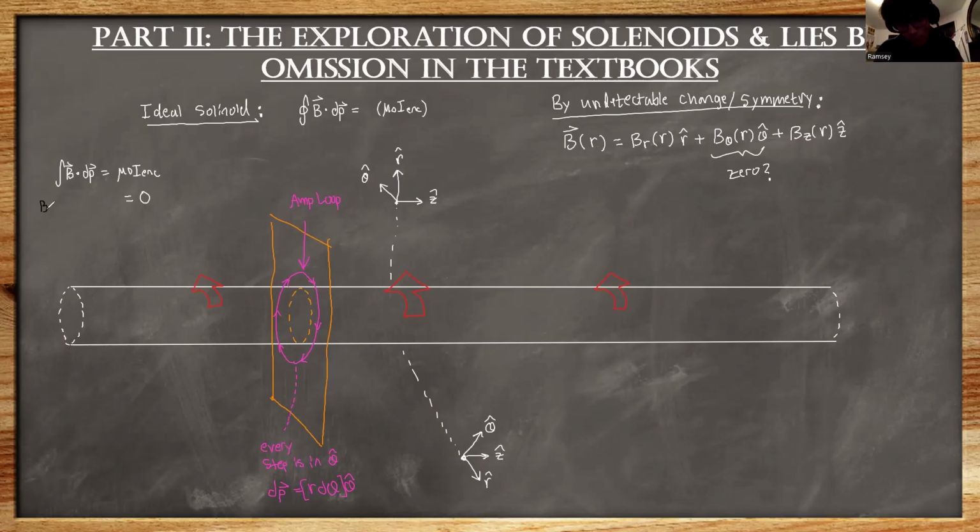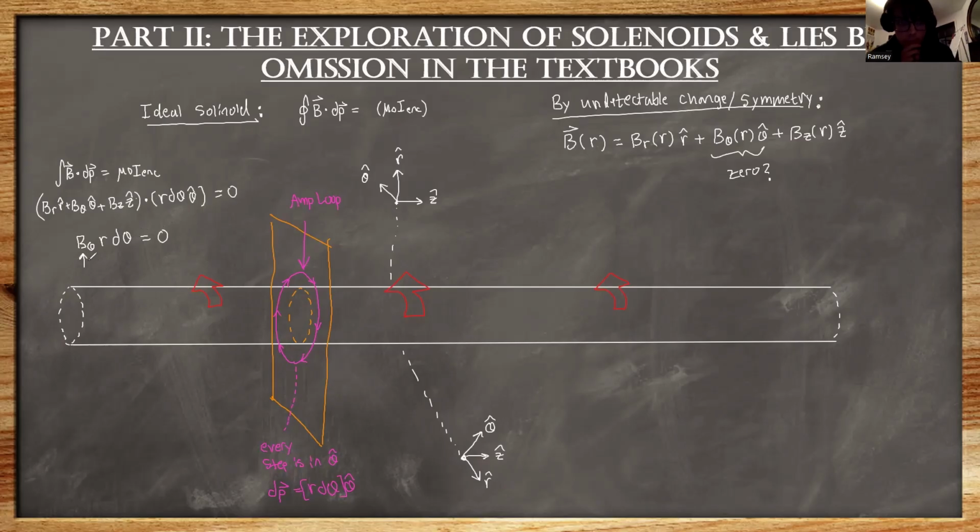Basically, up here we could think of it as B_r r hat plus B_theta theta hat plus B_z z hat, and then we're dotting it with dp. Well, dp, that step is all in the theta hat direction. And we know all that has to ultimately equal zero because there's no encircled current. So we do that dot product and we get B_theta times r d theta must equal zero.